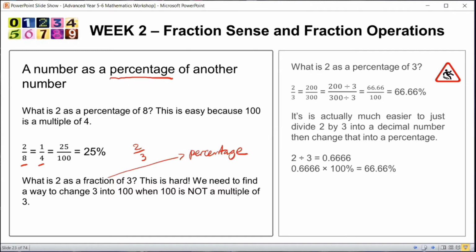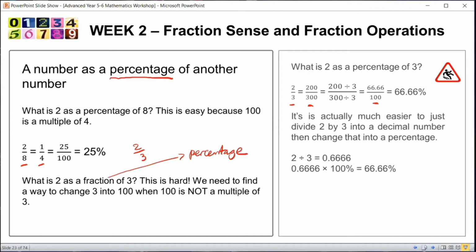We have 2 out of 3. One way is to use the equivalent fraction. We times both top and bottom with 100 to get 200 out of 300. Then we need the bottom to be 100, so we divide 300 by 3, and we have to divide 200 by 3 as well. So we end up with 66.66 over 100, so we call it 66.66%.